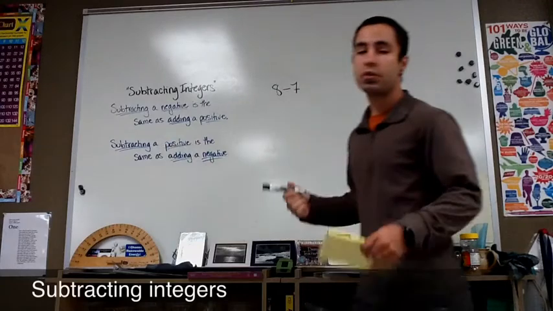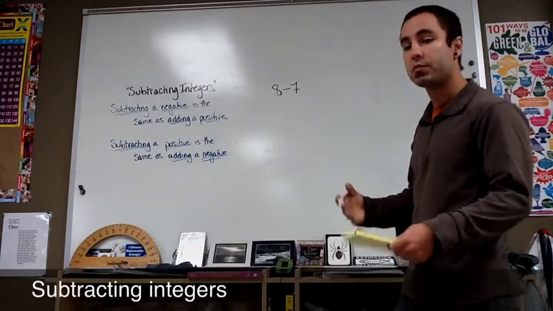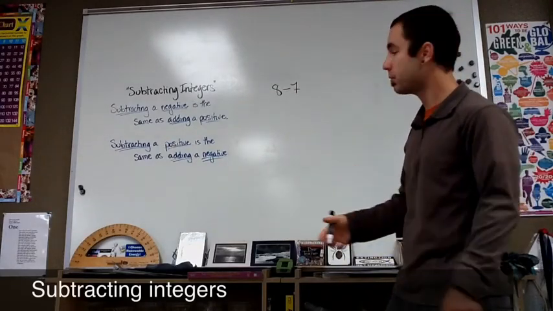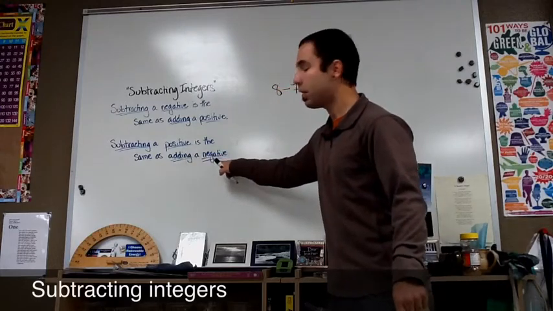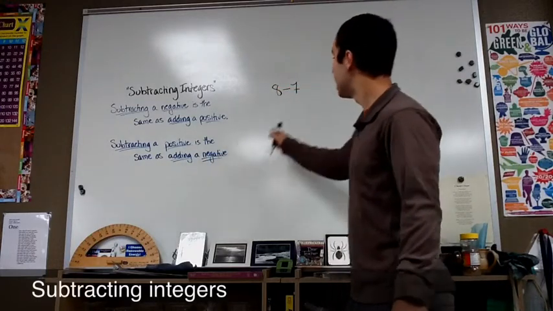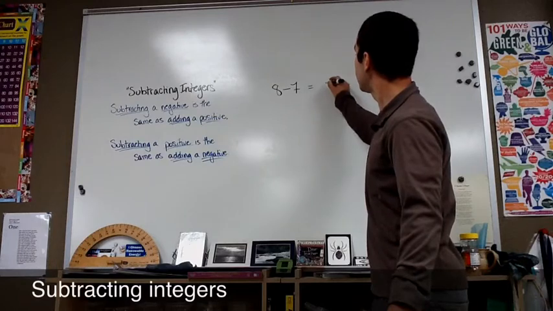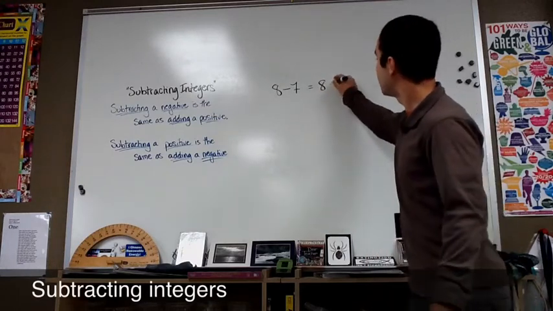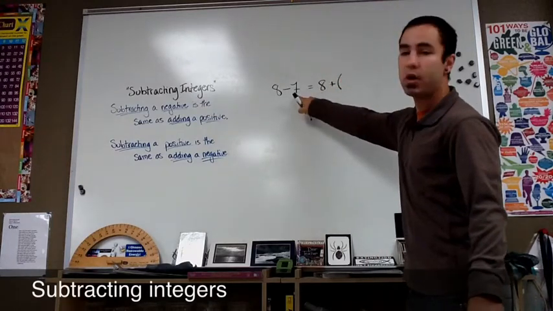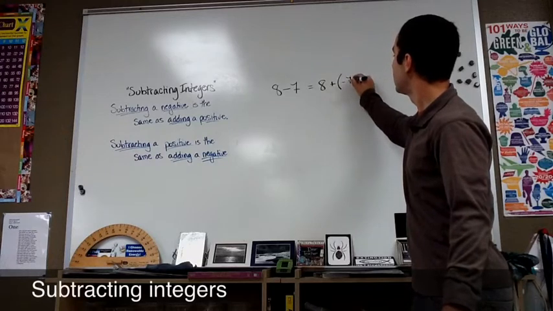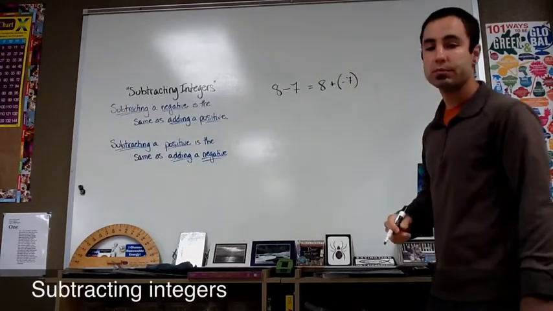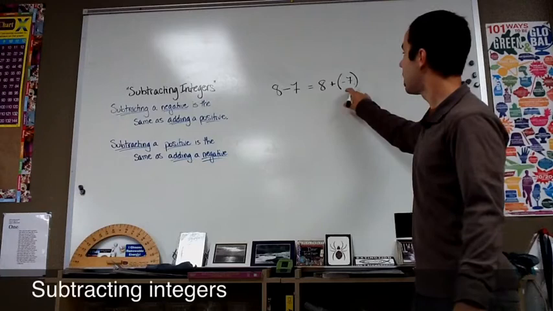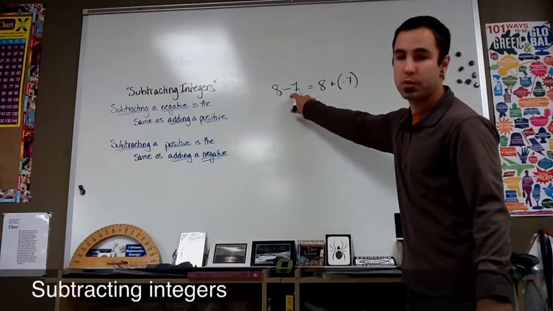So that means that if I wanted to switch this back to an addition problem, I need to add its opposite, or its negative. So here, this is the same as saying 8 plus, since this is positive, it's going to be a negative now, negative 7. So adding the opposite, subtracting a positive.